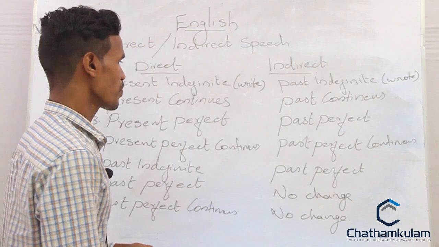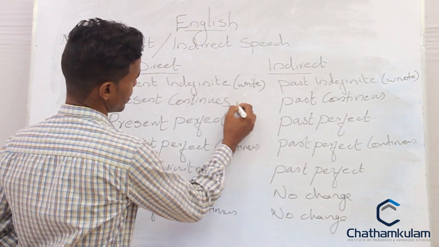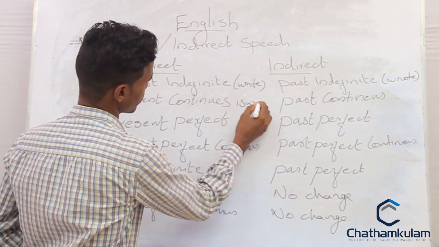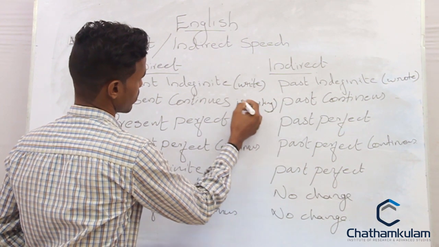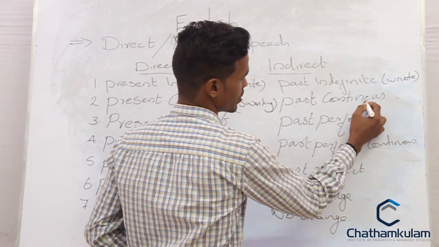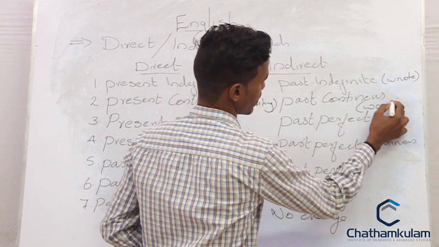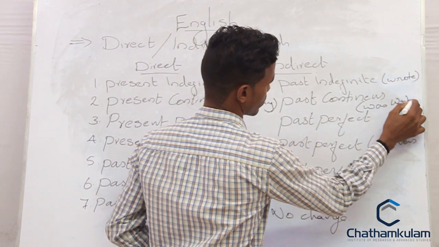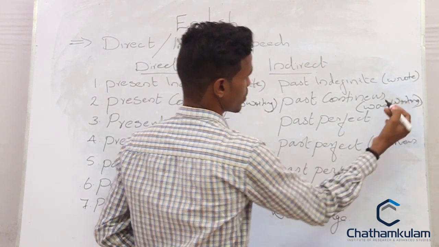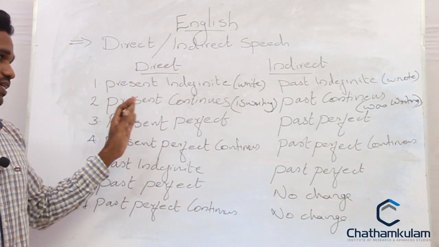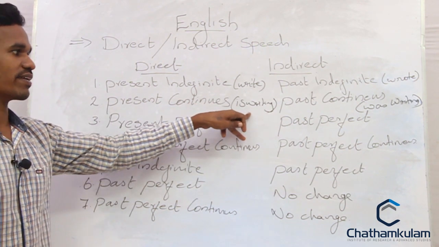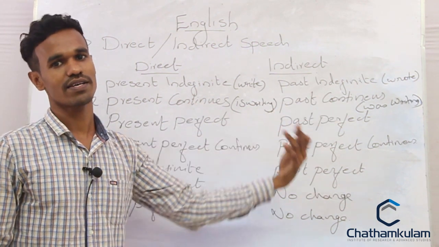For example, if the present continuous is writing, then what will be the past continuous? Was writing. It is a continuous tense, so is writing will be changed into was writing.